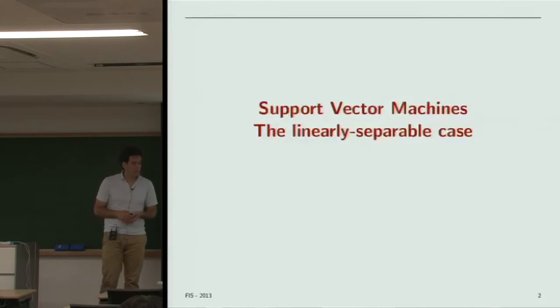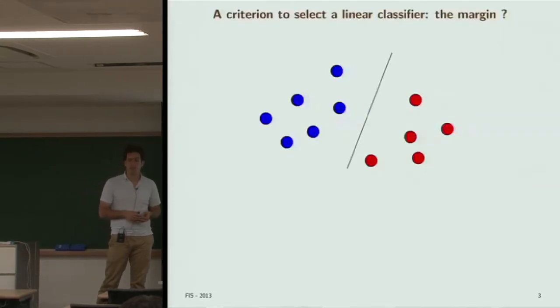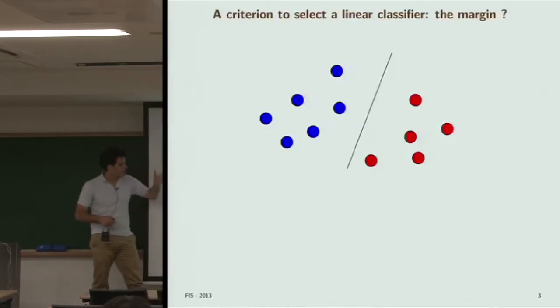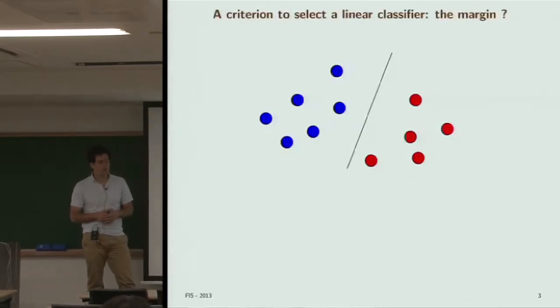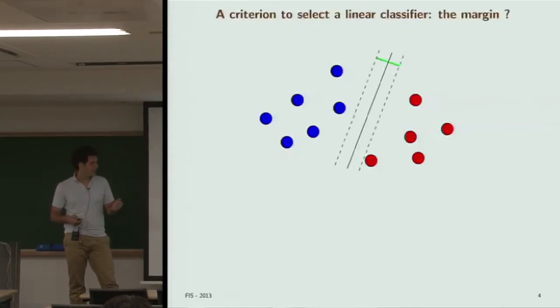So if you remember what the idea of SVMs was a few weeks ago, it was that, of course, if you have linearly separable sets of points, blue points and red points, and you can split them with a line in the middle, there are many ways of doing so. And the support vector machine viewpoint is to maximize the margin.